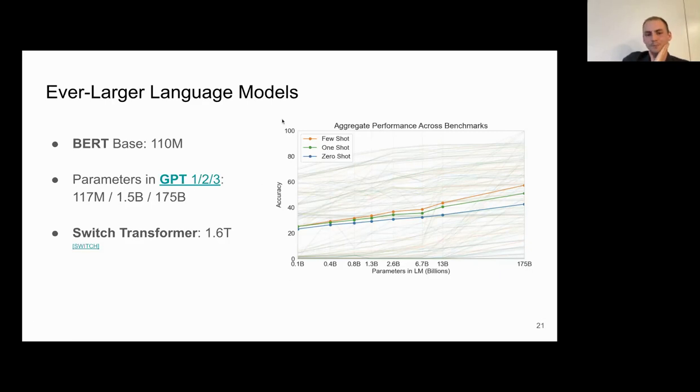And you can see that there's no saturation in the performance on the downstream tasks. So given this plot, we would expect that adding even more parameters makes our performance on downstream tasks even better. This is an interesting observation because it means we haven't hit the ceiling yet. And it also shows that we don't have overfitting problems here.